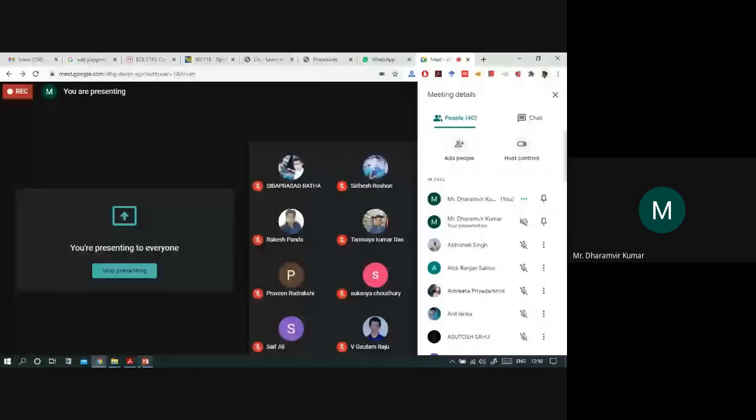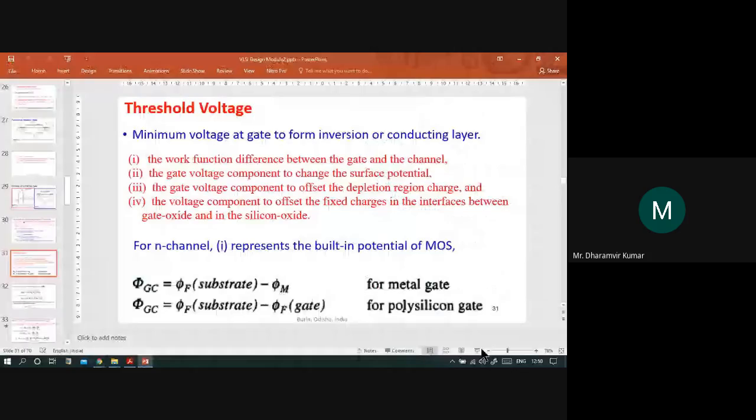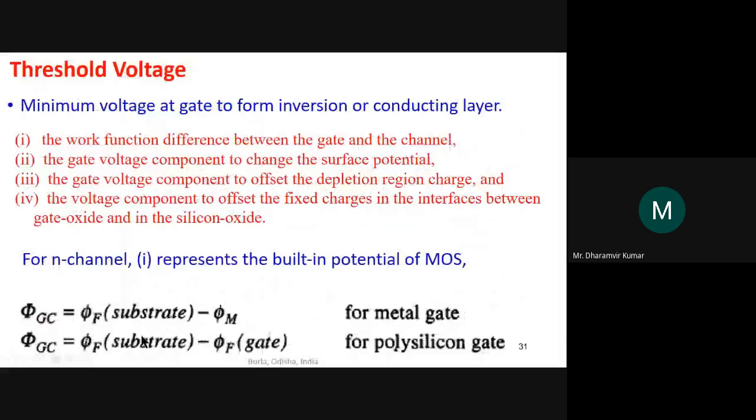Beneath the gate terminal, we have the metal oxide semiconductor. The gate material is different from the channel material. The channel material is a semiconductor, and the gate material can be a metal or a polysilicon.